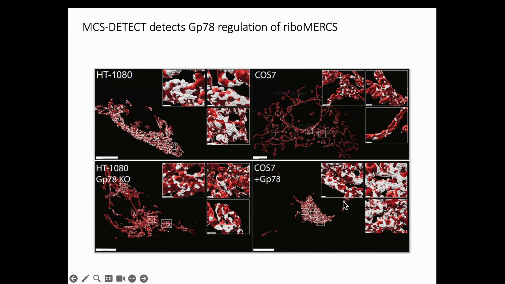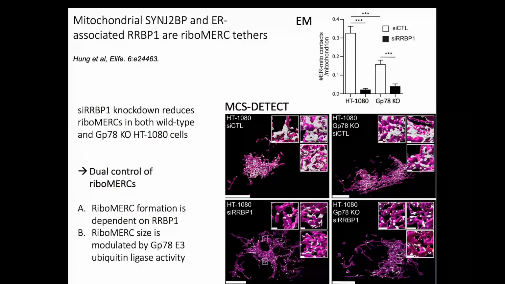We then went to the biology again, and we tested whether or not known regulators of ribomercs are impacting our detection of contact sites. Mitochondrial SYNJ2BP and ER-associated RRBP1 are known to be ribomerc tethers, published from the Ting Lab in 2017. We first went to EM.